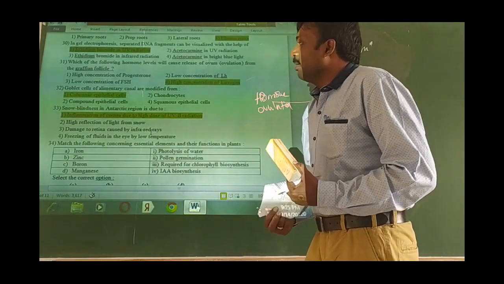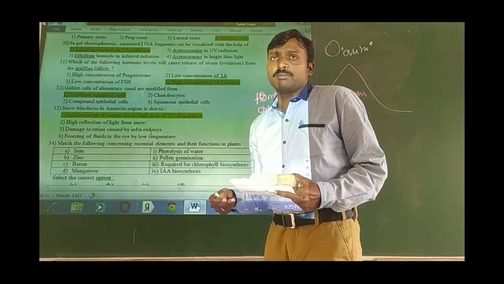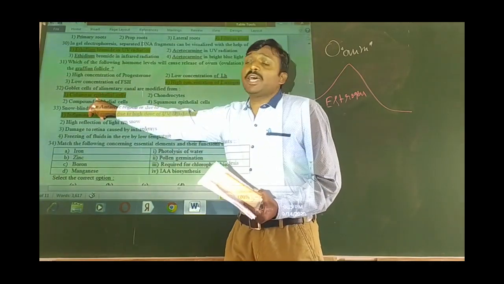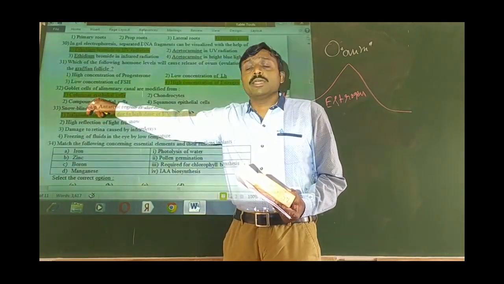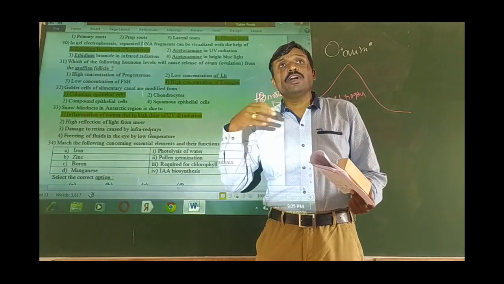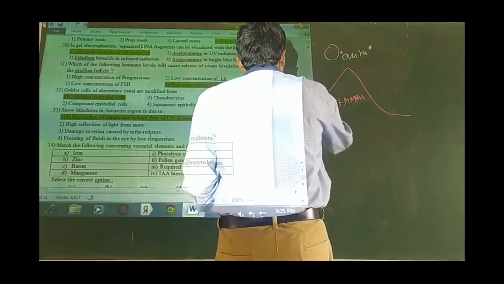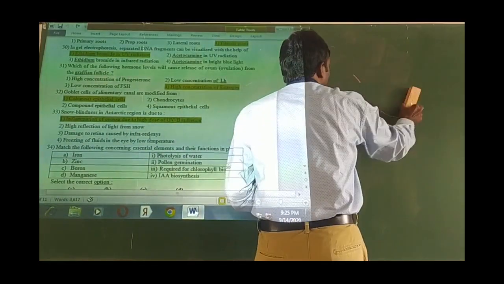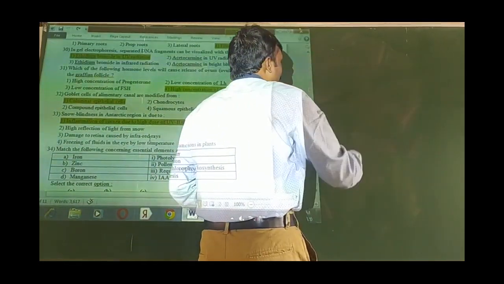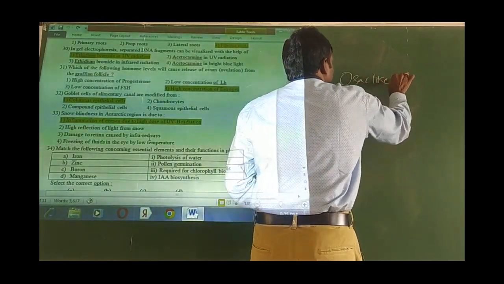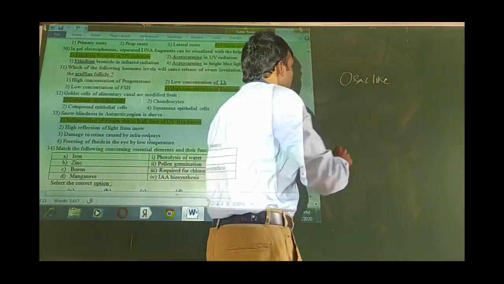Goblet cells of the alimentary canal are modified from. Even this is a memory based question. Columnar epithelial cells are modified into goblet cells. What is the difference between these two? Goblet cells are sac-like structures.